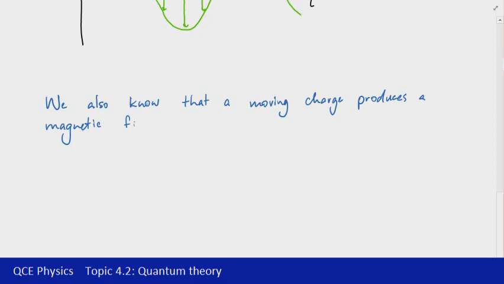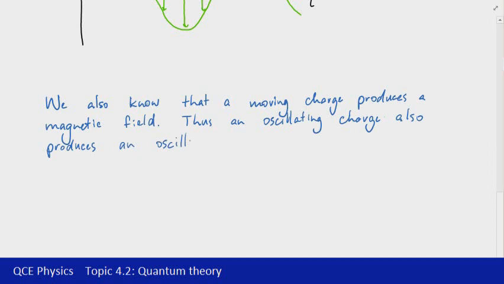So if we have an oscillating charge, so by oscillating we mean that it's moving backwards and forwards, an oscillating charge also produces an oscillating magnetic field. And we know then that the direction of that magnetic field is important as well, and the direction is perpendicular to the electric field.